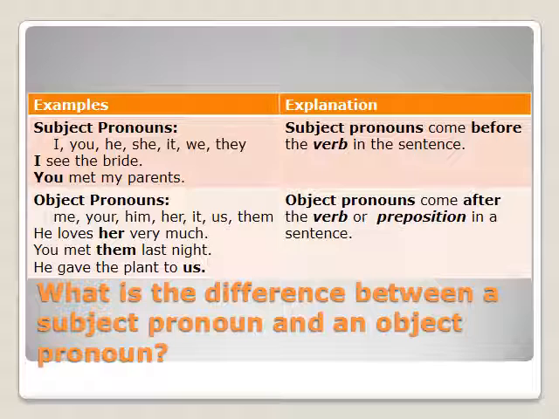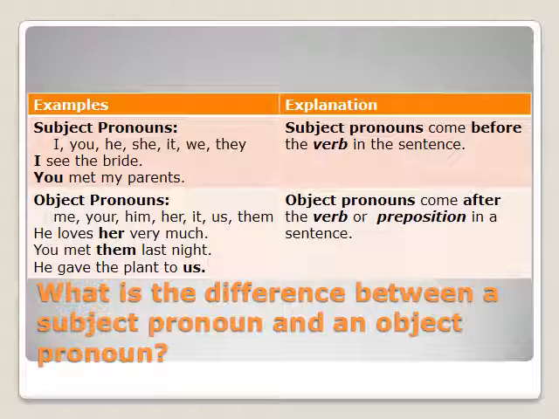Now the object pronouns are me. It's actually a mistake there. It should be me, you, him, her, it, us, and them. So we have the examples there. He loves her very much, and you met them last night, and he gave us the plant.